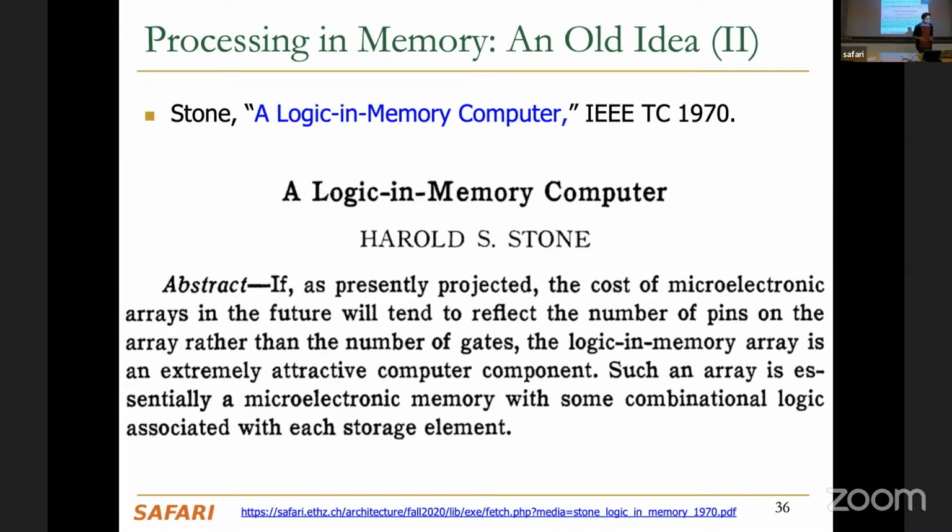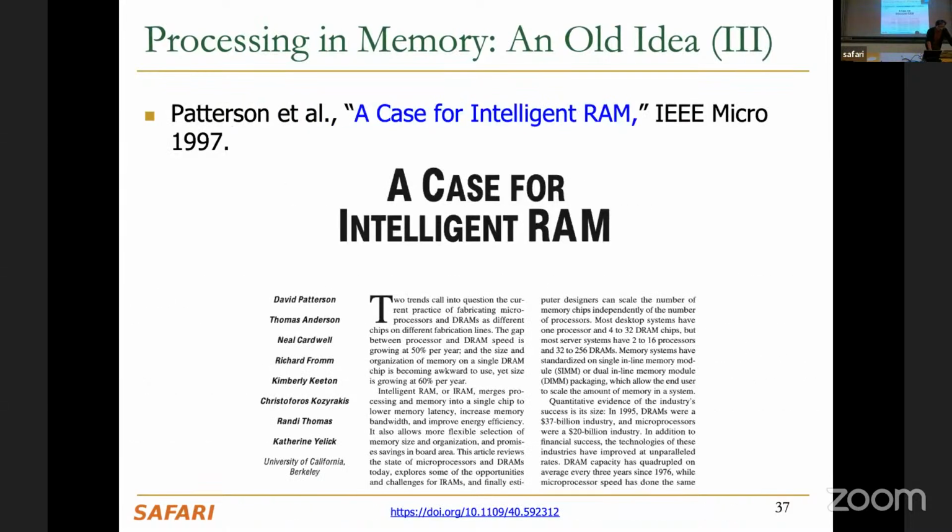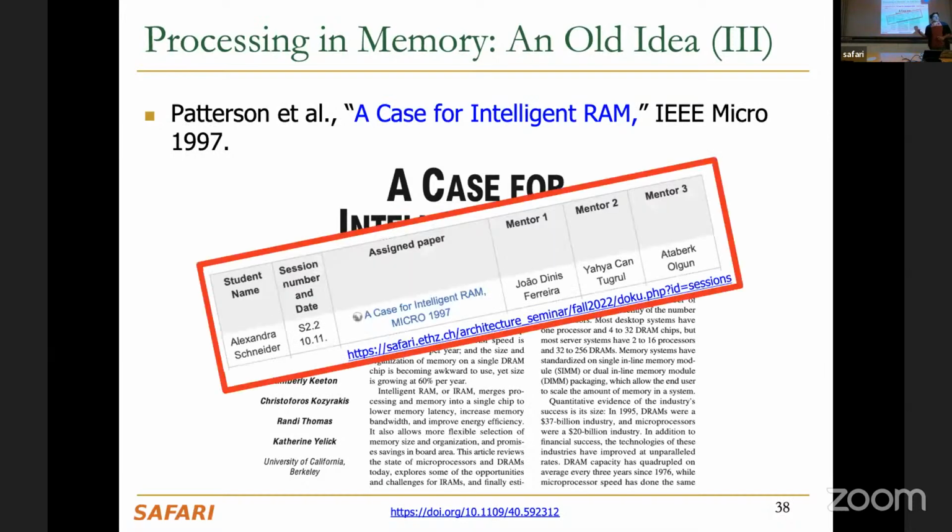By the way, this is a paper we have discussed in this course in a previous edition. More recently, in the 90s, there was a lot of research in processing in memory as well, such as this, a case for intelligent RAM. Indeed, this is one of the papers that we will discuss in this course.